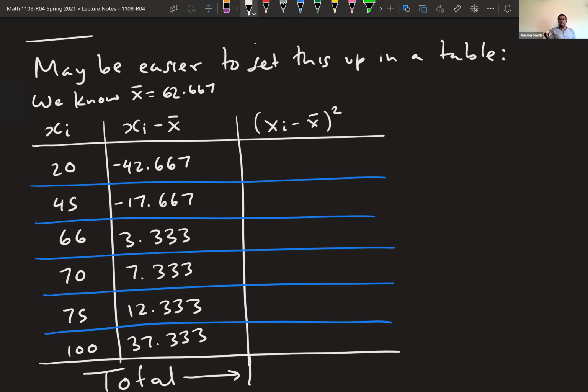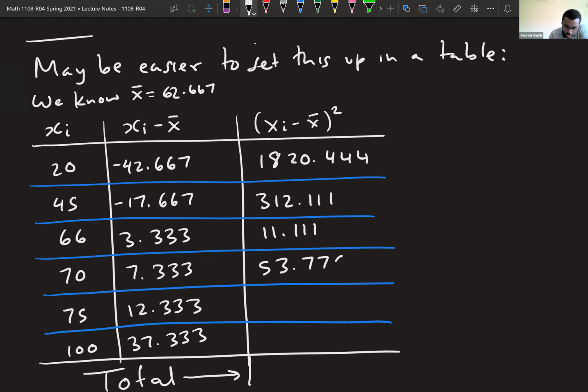Then you're going to square each of these terms. So if we take 42.667, you square it. You can ignore the negative because you're squaring. You would get 1820.444. Square the 17.67, you would get 312.111. Square the 3.3, you get 11.111. Square the 7.33, you get 53.778. Square the 12.33, you would get 152.111.